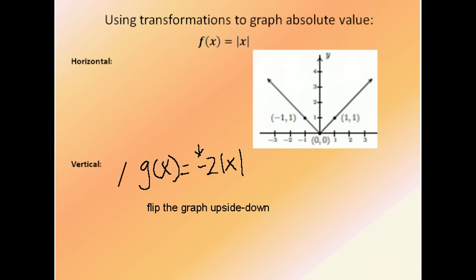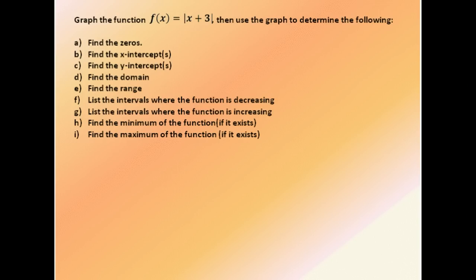What our new graph would look like, again, this changes our y values by a factor of negative 2. So I would multiply the y's by negative 2 to figure out what would happen here. My 0 would stay at 0, 0. But my 1, 1 would change to 1, negative 2. So it's twice as steep, and it's going upside down. Okay, this is what my new graph would look like. Right, so those are some of the transformations that can happen based on our rules of transformation.